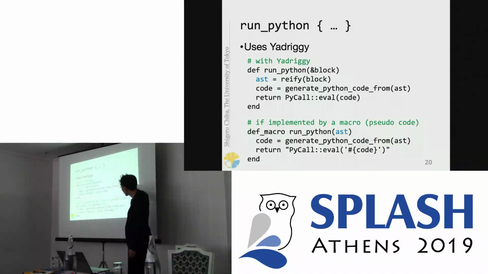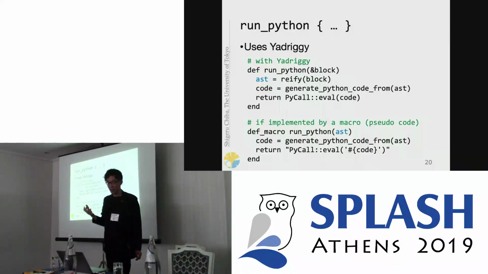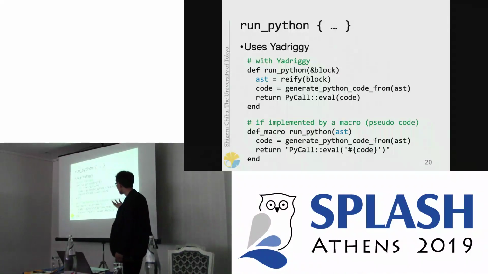This is very similar to a macro implementation. But if you use a macro, you have to do recursive macro expansion. So it's a little bit complicated, and many people pointed out that that approach has lots of other pitfalls in implementation. So I hope this way is more straightforward.